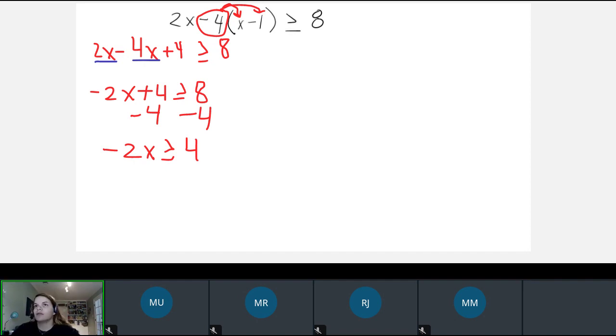And I'm going to then divide everything by -2. So when I divide by a negative, my sign has to flip. So now I have x is less than or equal to -2.